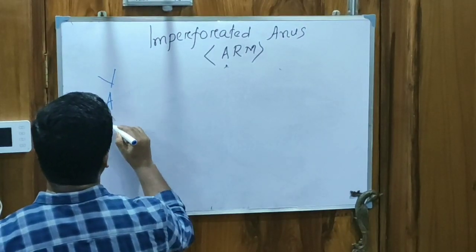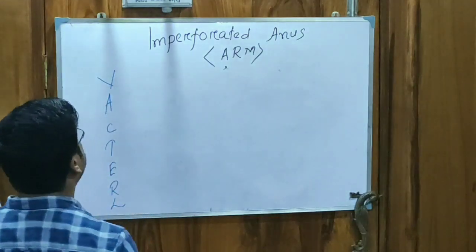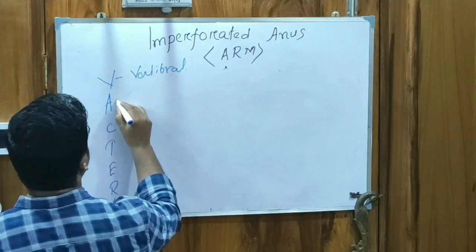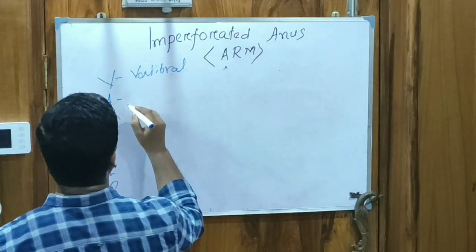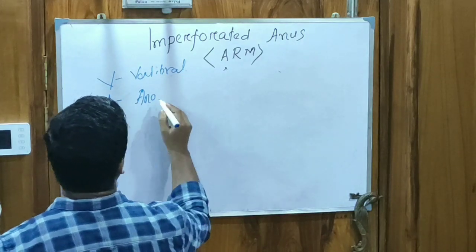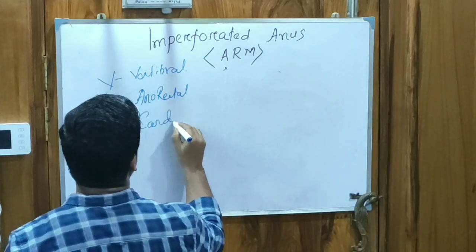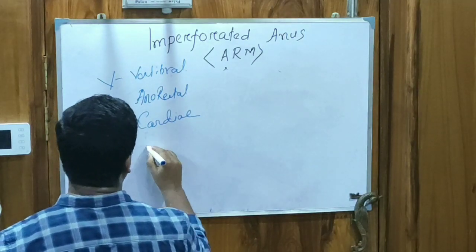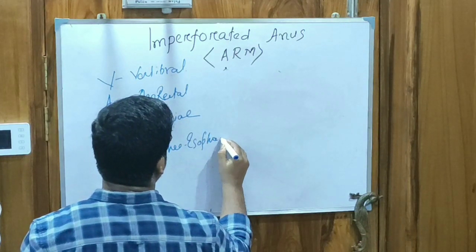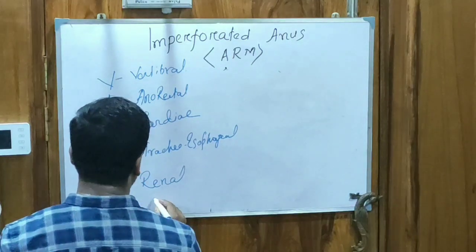V, A, C, T, E, R, L. V for vertebral anomaly, A for anorectal anomaly, C for cardiac anomaly, T and E for tracheoesophageal anomaly, R for renal anomaly, and L for limb.